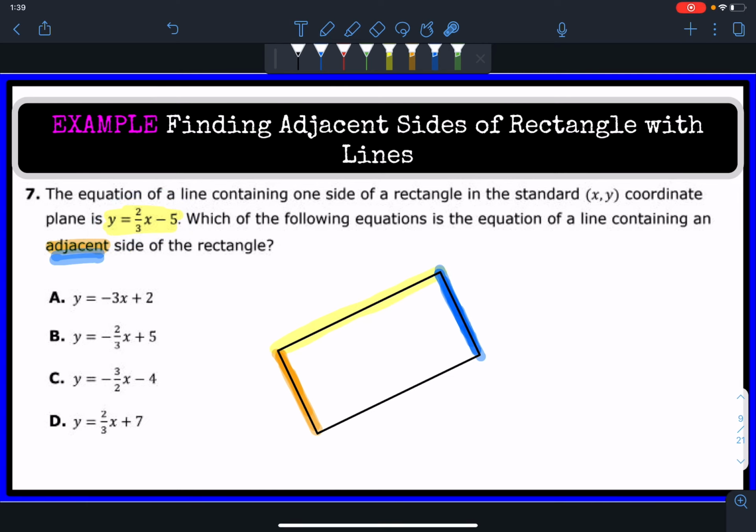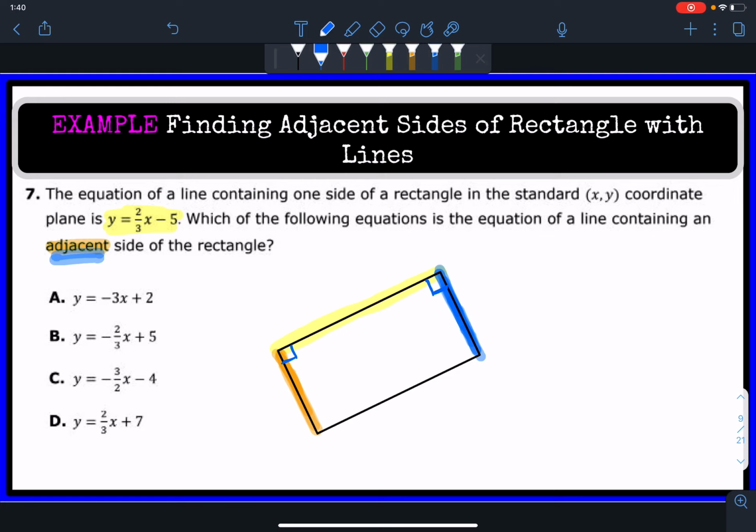Now, since we're looking for the equation to represent that, notice that these lines are not just going in any intersecting direction like this. They're going in the exact opposite direction, where the yellow and orange line intersect, and the yellow and blue line intersect at a 90-degree angle.